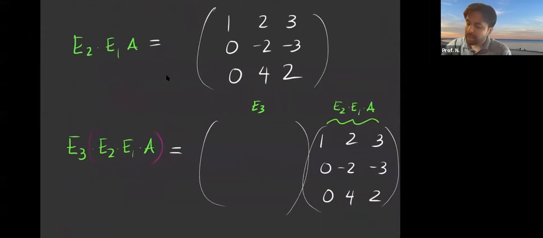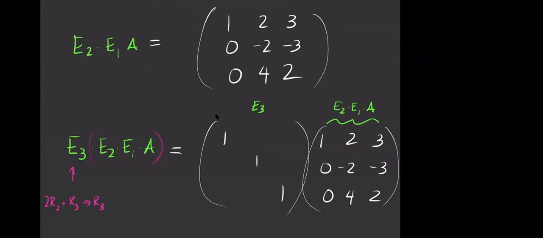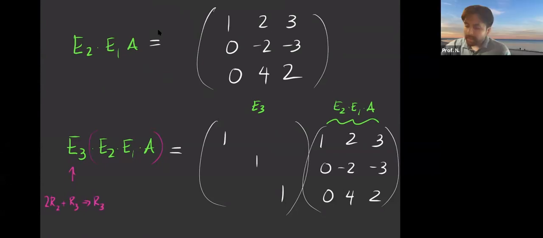Again, I'll give you the diagonal entries will be 1s all across the diagonal. And again, this one is associated with 2 R2 plus R3 becomes the new R3. First row is still 1 0 0, right? Because it doesn't change. Right, the first row does not change, and also the second row doesn't change, because we want to eliminate the 4 in the third row.